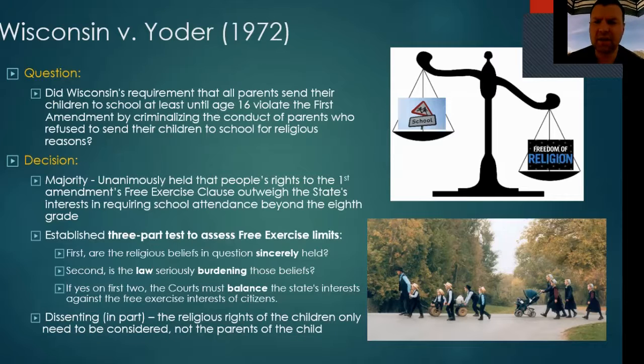So they struck down that law in this case and said that the Amish had a right to pull their kids out and homeschool them after 8th grade, and that the law could not burden them, could not force them to send their students to school.